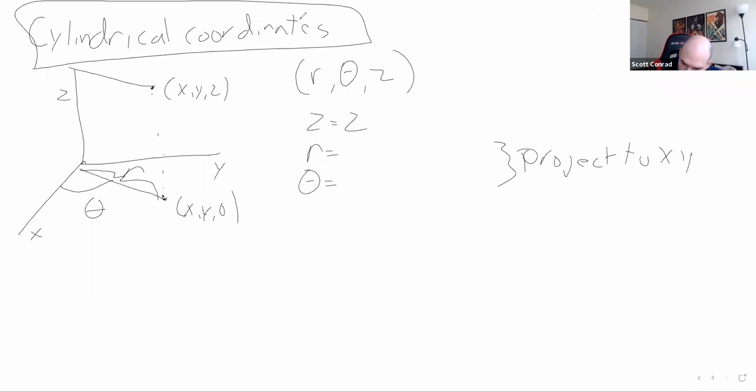So we projected to the xy plane, and r and theta are the same as in polar.